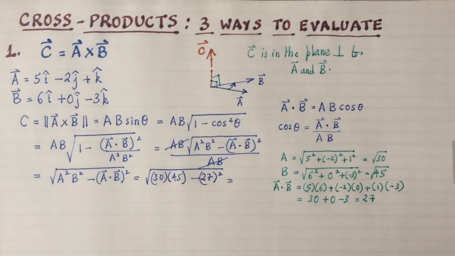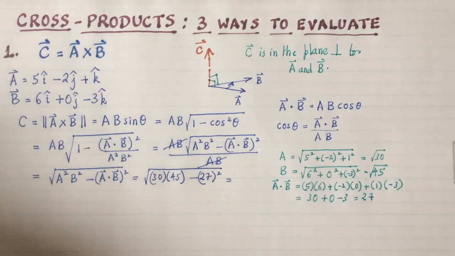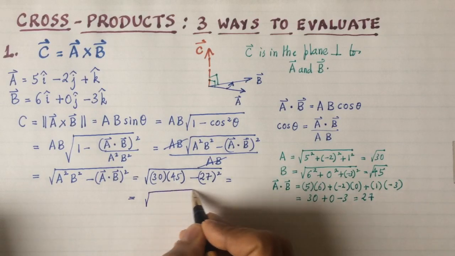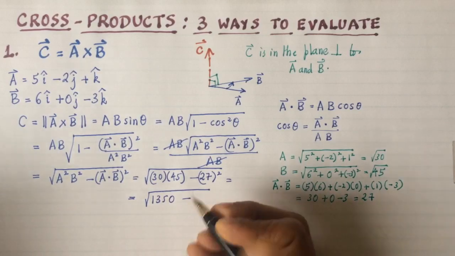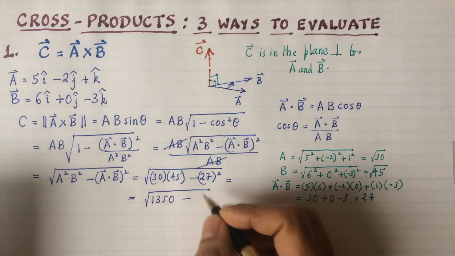So I use my trusty calculator here. I'll do it off to the side. I don't want to keep it on the sheet there. So this gives me the square root of 1350 minus 27 squared, which is 729.